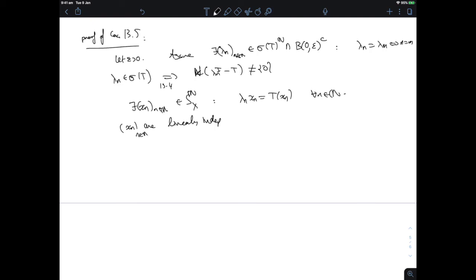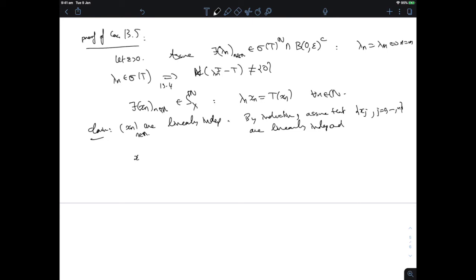And the way to see that is by induction. Okay, it's very clear for just one element, but if we assume that the first, say, n plus 1 of them are linearly independent, and that the next one is a linear combination of the first n.